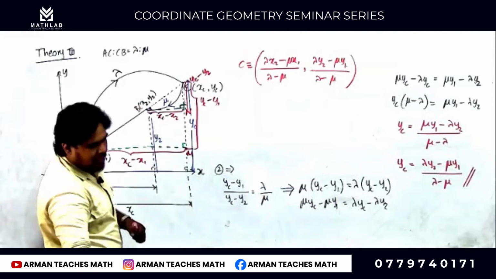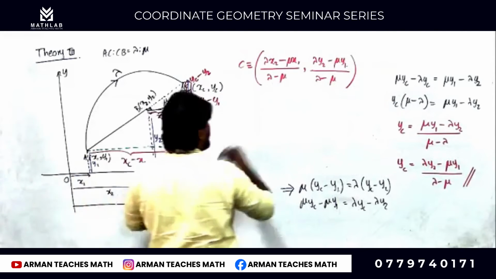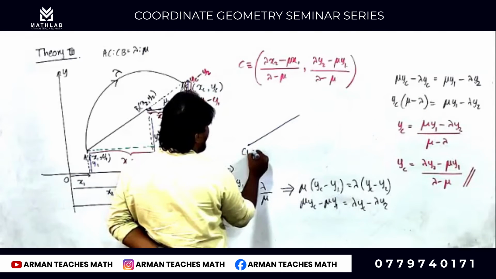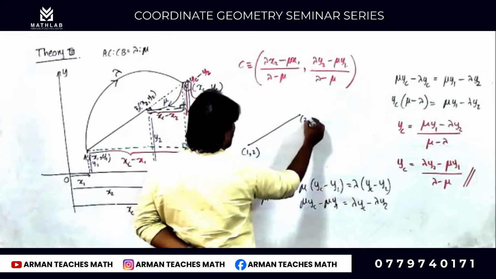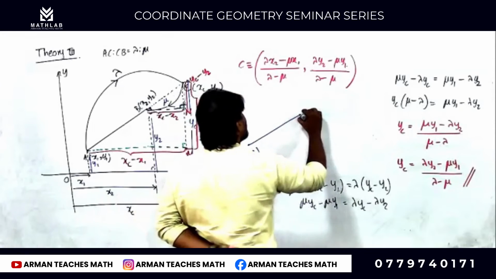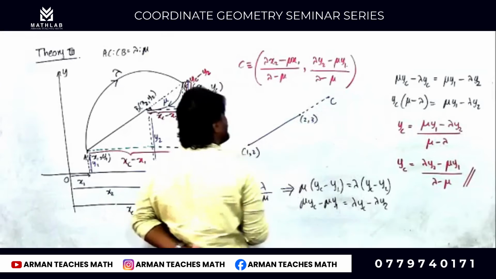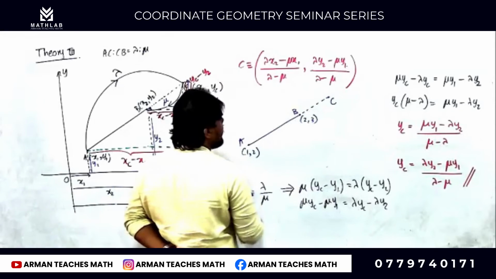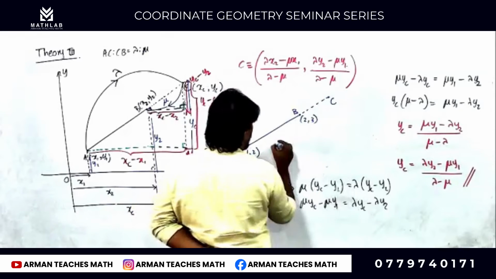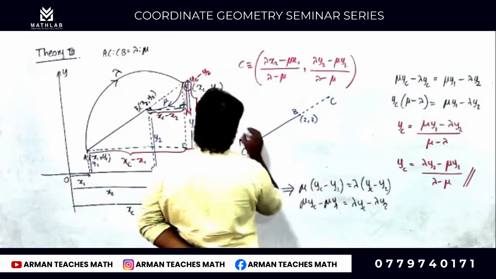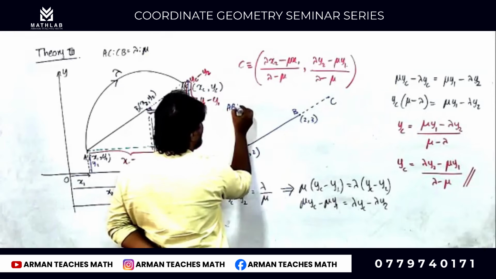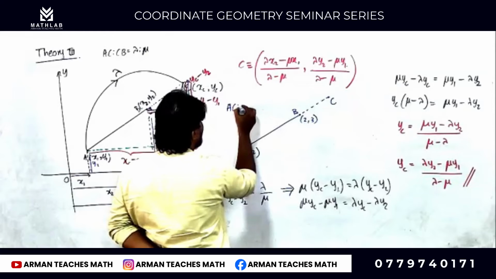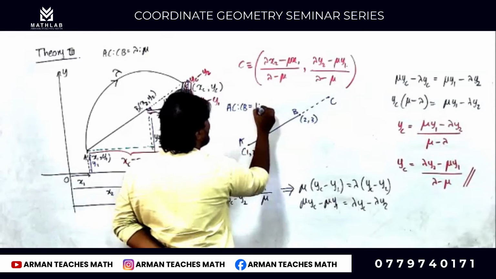Now let's try to identify the pattern from an example. Let's take a straight line segment joining the coordinates (1, 2) and (2, 3). It's divided externally at a point capital C in a given ratio. The ratio AC is to CB is given as 1 is to 2.